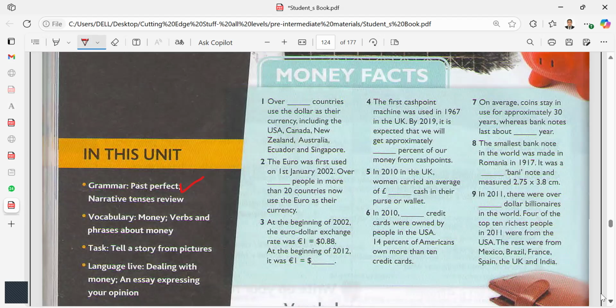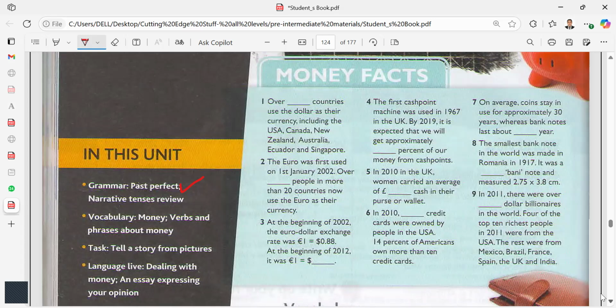In 2010, 8 million credit cards were owned by people in the USA. 14% of Americans own more than 10 credit cards. 7. On average, coins stay in use for approximately 30 years, whereas banknotes last about 1 year.